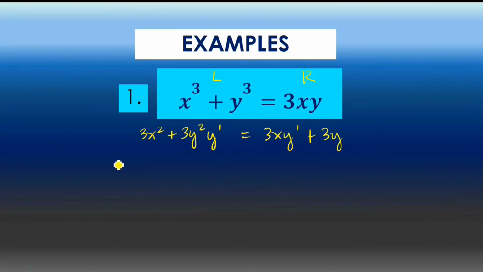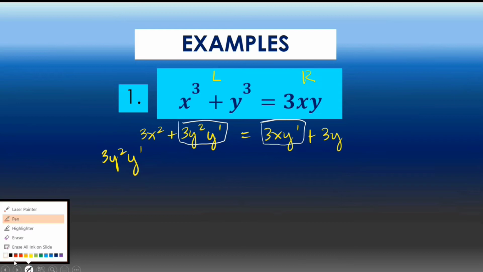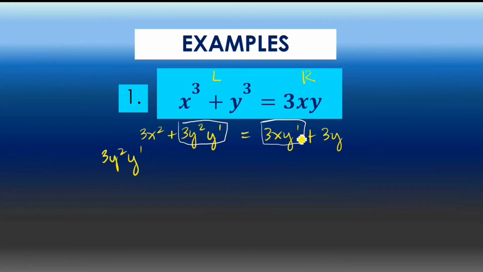So we have on the left side the 3y squared y prime, with the y primes. So we're gonna write it together. So this 3xy prime will be transposed to the other side, so it will become negative 3xy prime. Okay. Then on the right side, we have 3y.